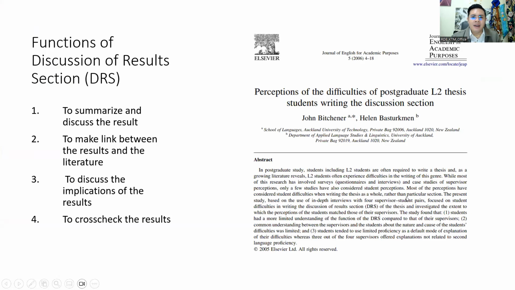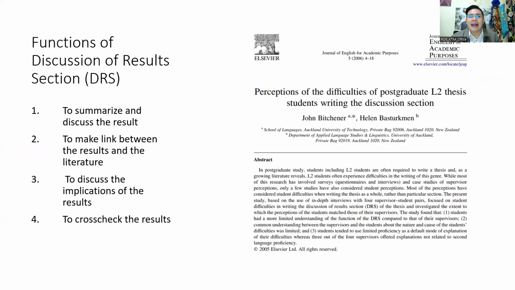In an article from John Flowerdew and Helen Basturkmen on the perceptions and difficulties of postgraduate second language or L2 thesis students writing the discussion section, they noted that the functions of the discussion of results sections, or the DRS, are the following.